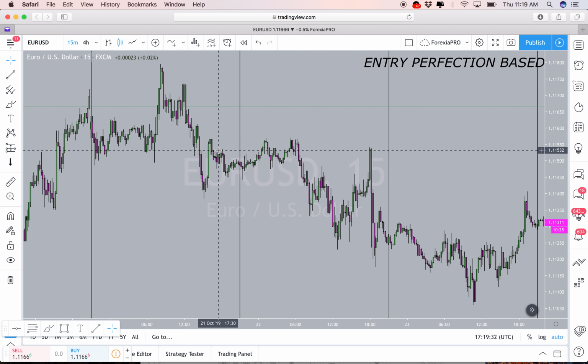What we're going to do now is mark out Asian session consolidation. It's very important that we have these session markers here because, for example here, the consolidation is almost always going to be right in the middle of this session break.